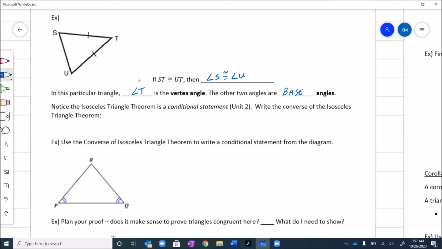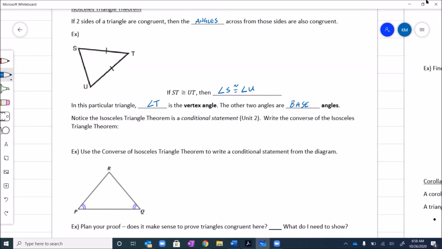Write the converse of the isosceles triangle theorem. As we look at the isosceles triangle theorem, it says, if two sides of a triangle are congruent, then the angles across from those sides are congruent.